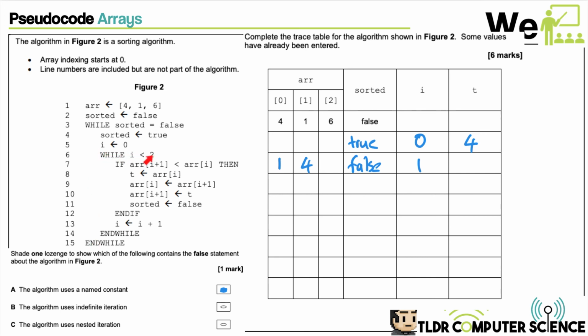Is I less than 2? Well, I is 1. Is 1 less than 2? Yes, it is. Is array at I plus 1, so I is 1, so 1 plus 1 is 2, so array at position 2, so 6. Is 6 less than 4? 6 is not less than 4, so you don't do any of that. And I becomes 2.